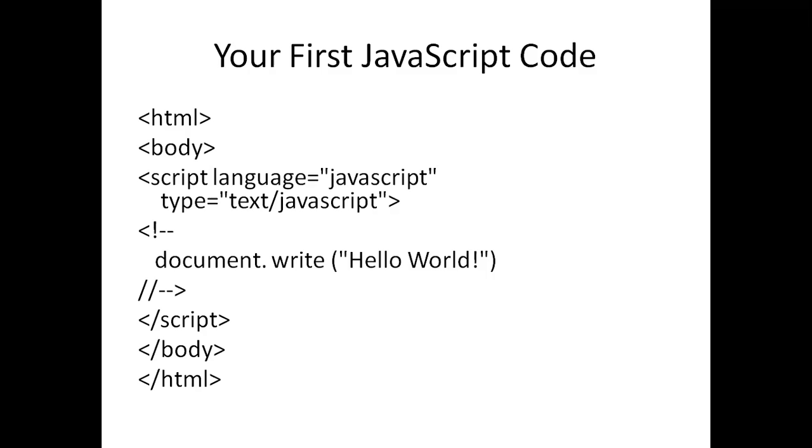Your JavaScript code is in front of you, and it is your simple program. Using the document.write method, we can print your hello message. Also, we have used the script language JavaScript, script type text slash JavaScript, and closed the script.